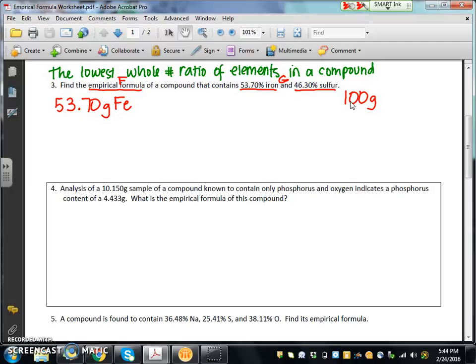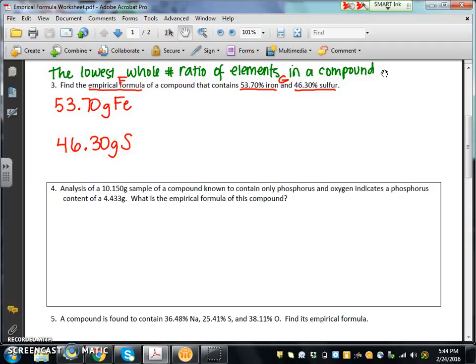So we assume a 100 gram sample to start with so that we can make our life easier. So the first step is fairly easy. We get rid of the percent sign and put a gram sign instead. So 46.30% becomes 46.30 grams of sulfur. So, we have completed the first step.